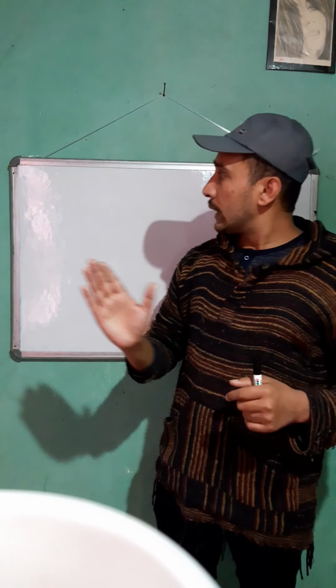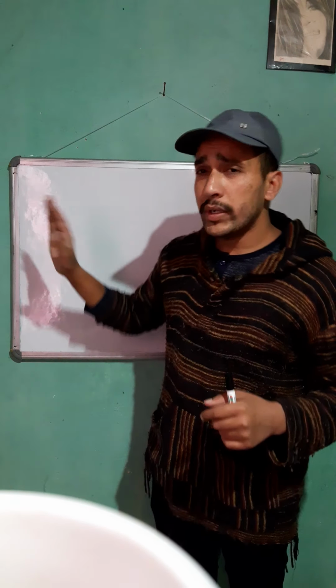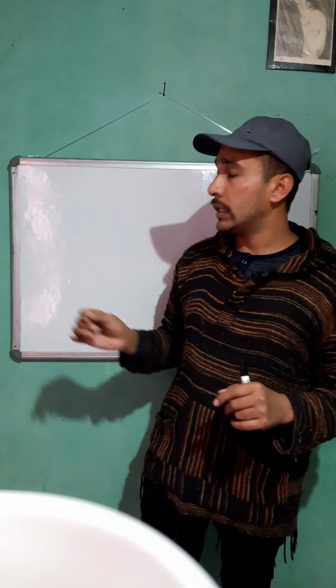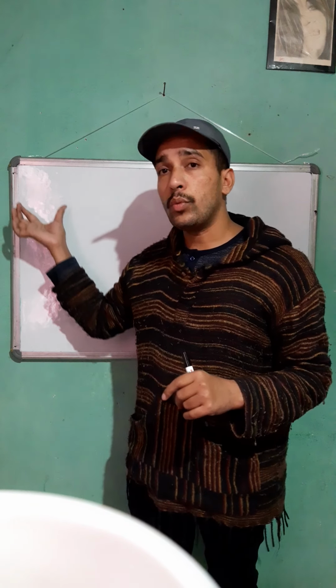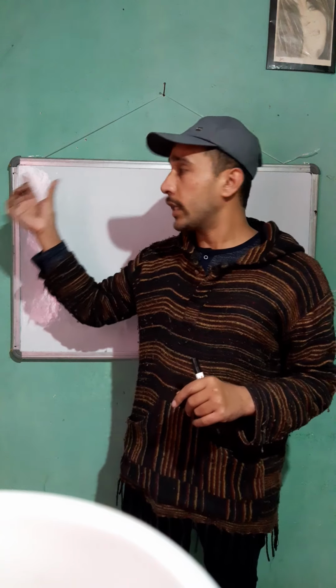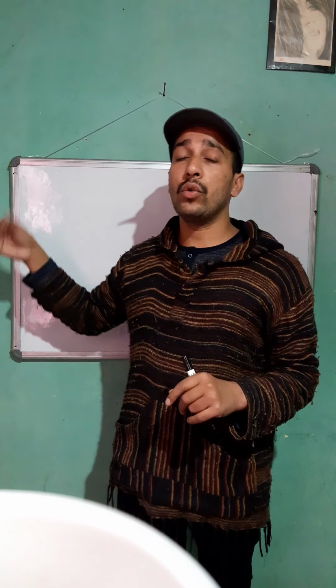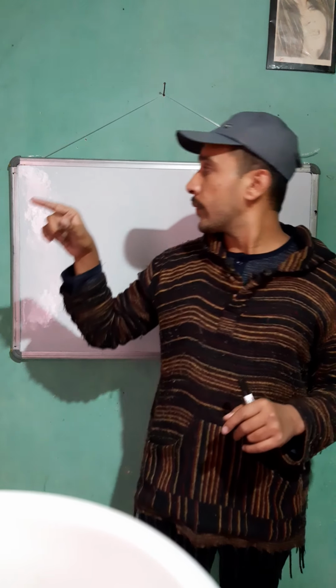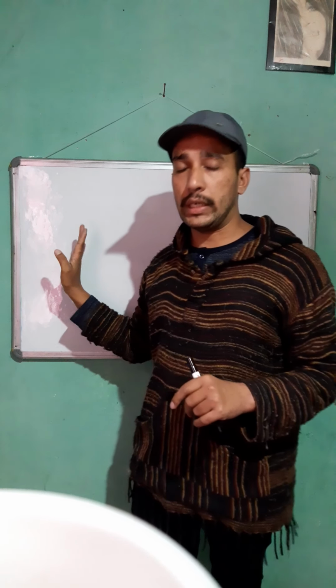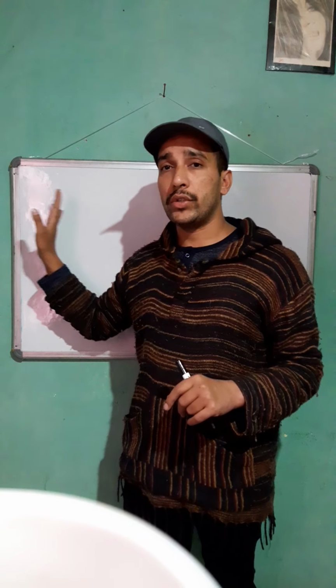Your answer will be, first of all, Dobereiner could not arrange all the known elements in groups of 3. He could not keep all the elements which were known then by making groups of 3. So that was the failure.